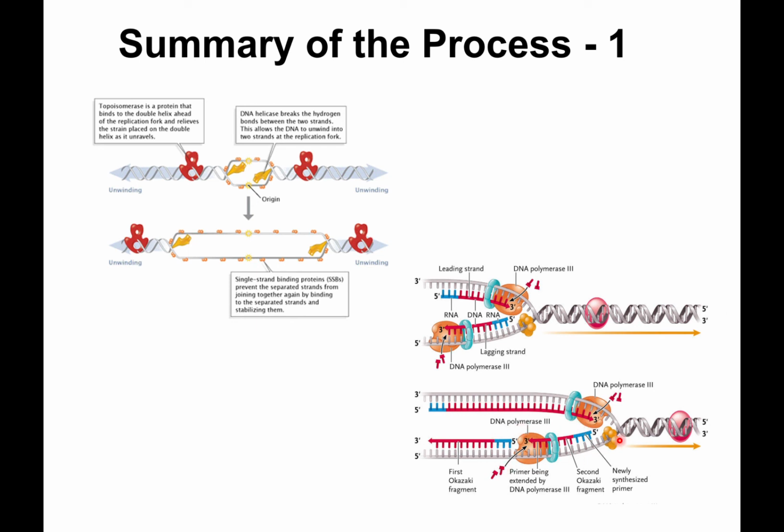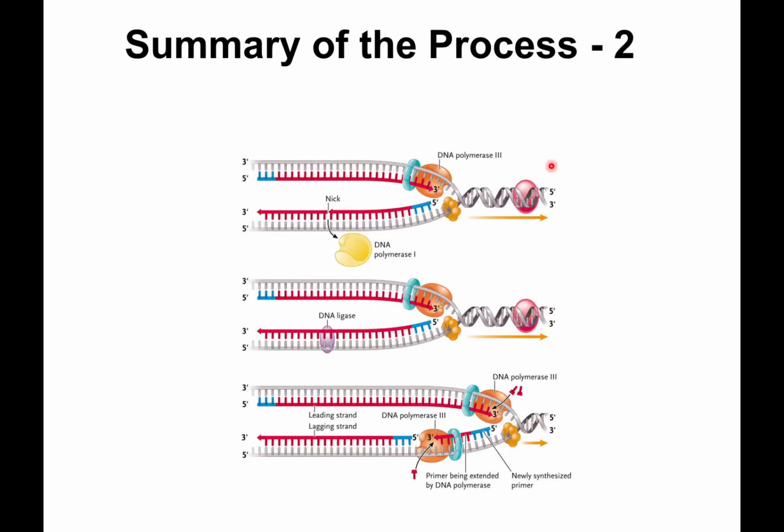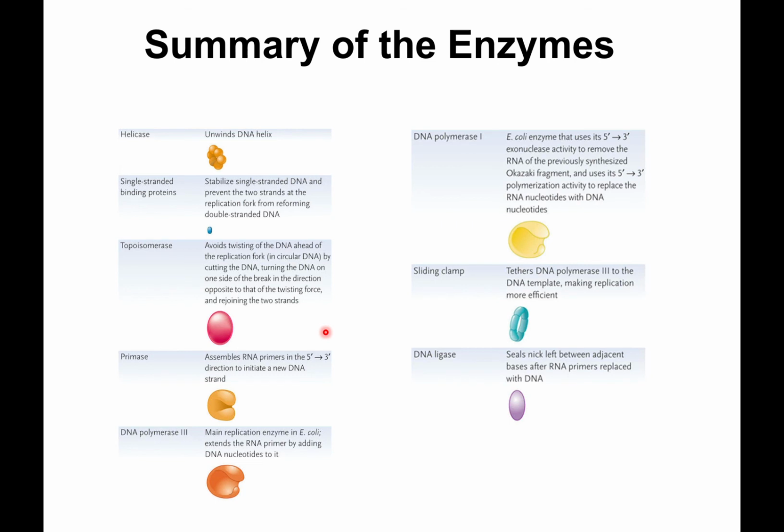And this is done by a different type of polymerase in the termination phase, which is DNA polymerase 1 right here, which basically replaces the RNA molecules with DNA, leaving a little gap between the last nucleotide it adds and the one that was there, which is sealed by DNA ligase, which forms the last phosphodiester bond. After that, you end up having a final DNA molecule completely copied into another one.